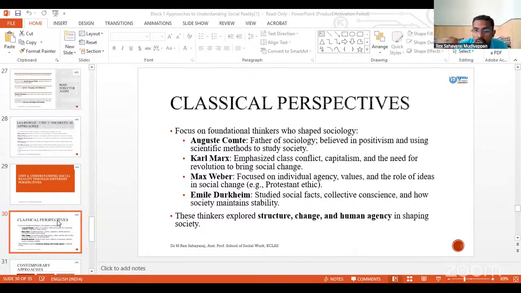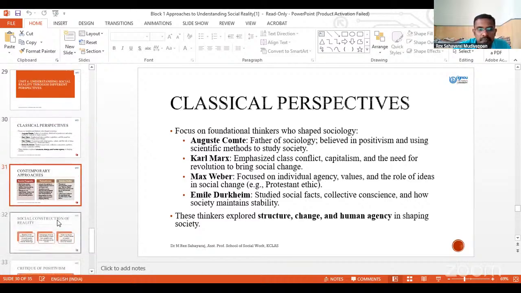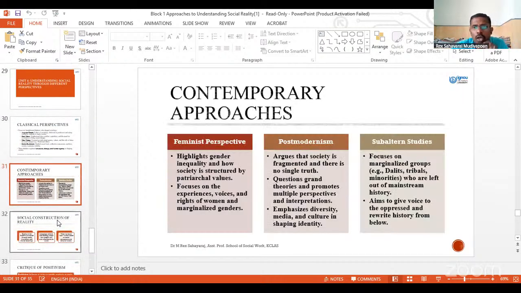Emile Durkheim studied social facts and collective conscience and how society maintains stability. And contemporary approaches: the feminist perspective, postmodernism, and subaltern studies focus on marginalized groups.